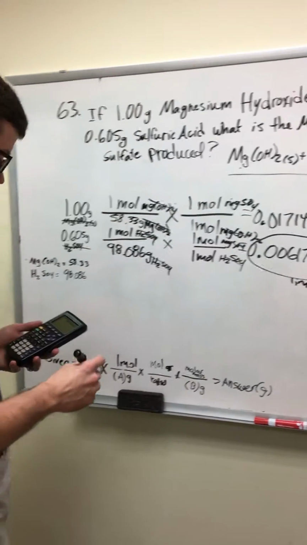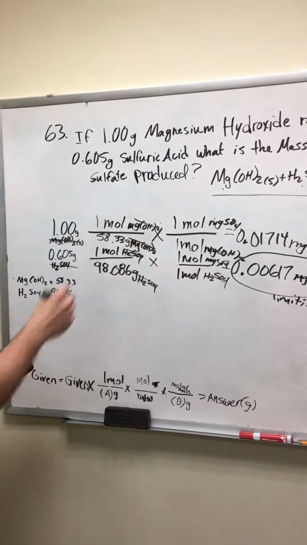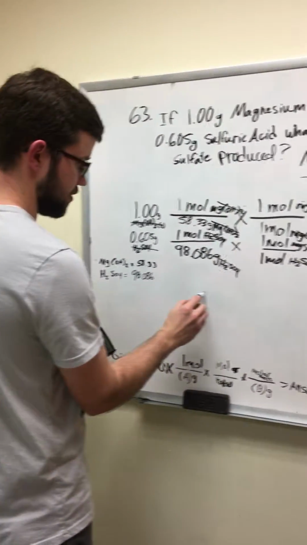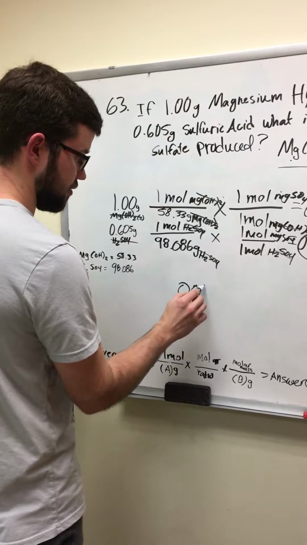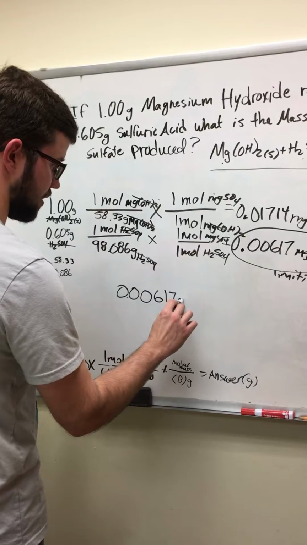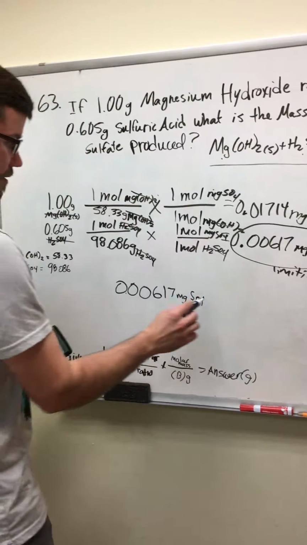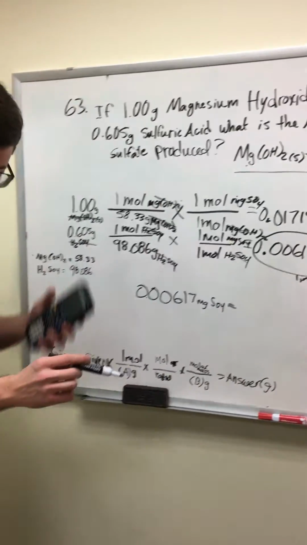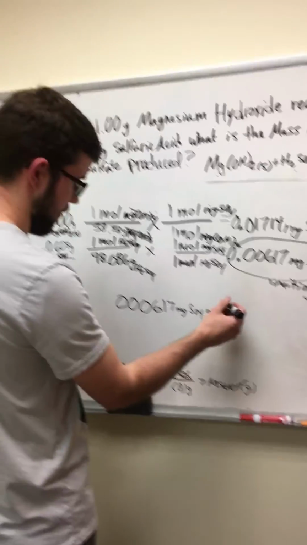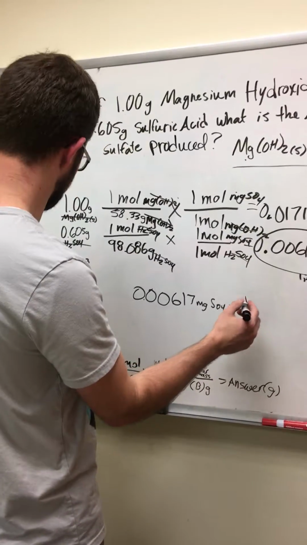And then we're going to use that in our next equation to find the mass of magnesium sulfate produced. So we're going to use 0.00617 of magnesium sulfate. And we're going to multiply that by the molar mass, which I don't actually have down here.